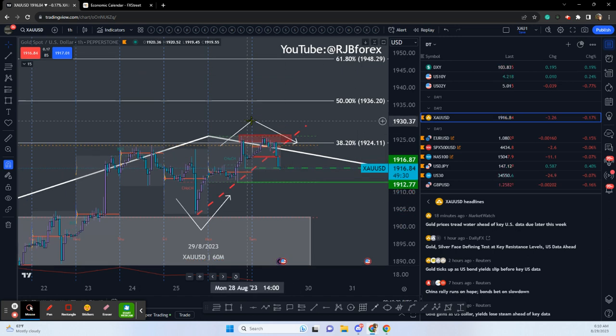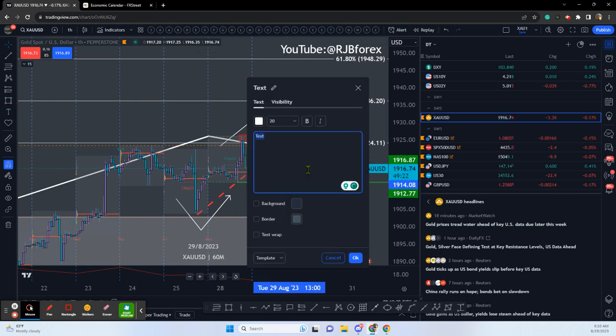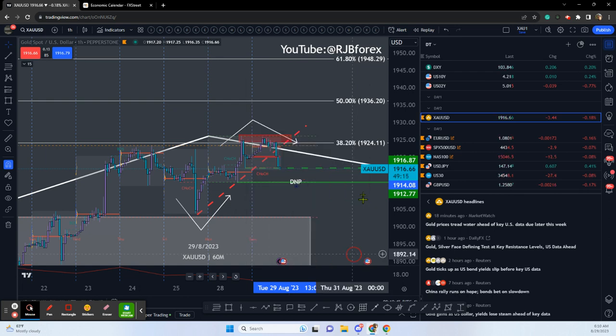So I'm going to say that this could just be a dump and pump scenario. So looking for buys. Dump and then pump up. So let's see what happens.